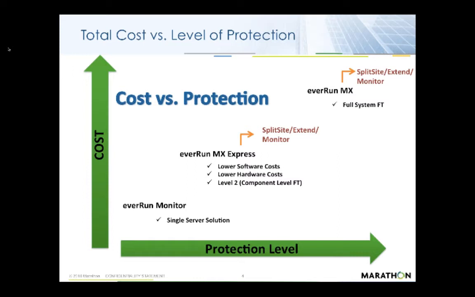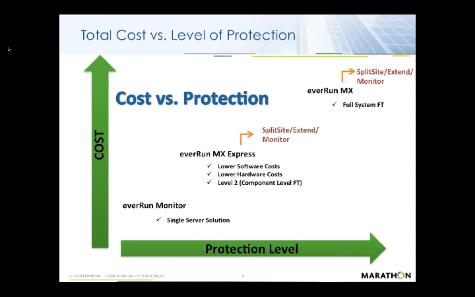If we look at the top right-hand corner, we're looking at Everrun MX, and that offers full system fault tolerance. So this is really the best level of protection you can get. However, when you start pricing out the total cost of ownership, there's certainly a more expensive element to running Everrun MX.